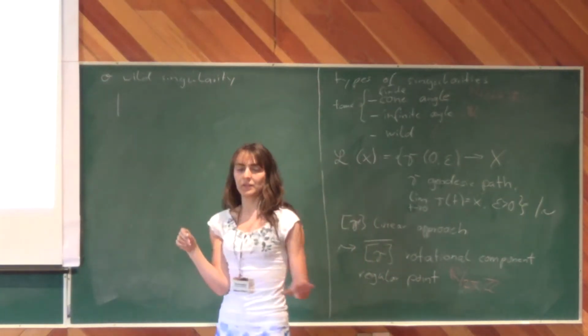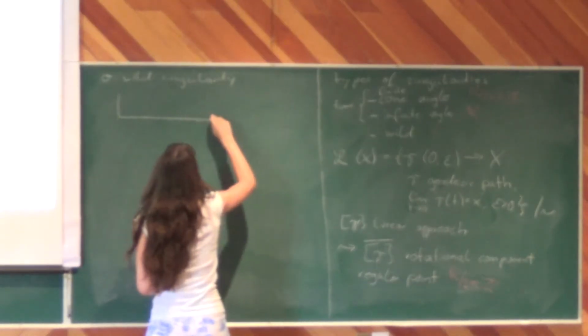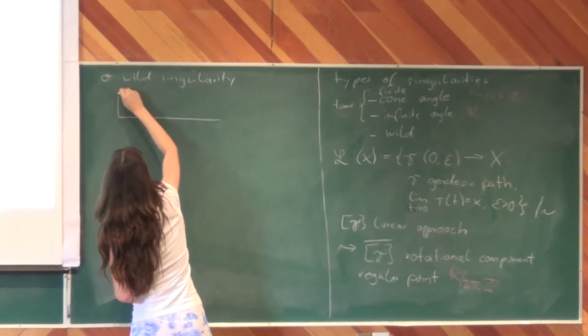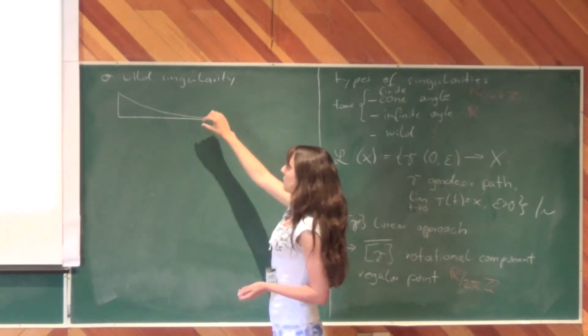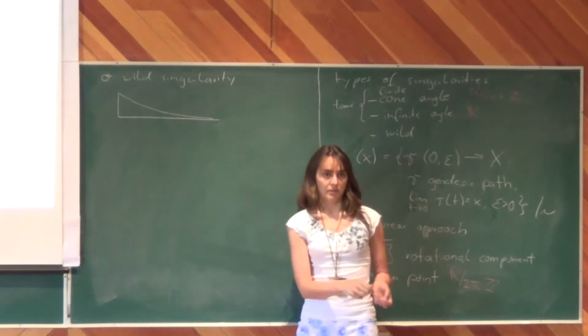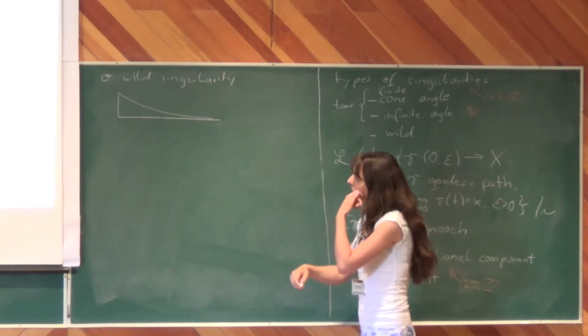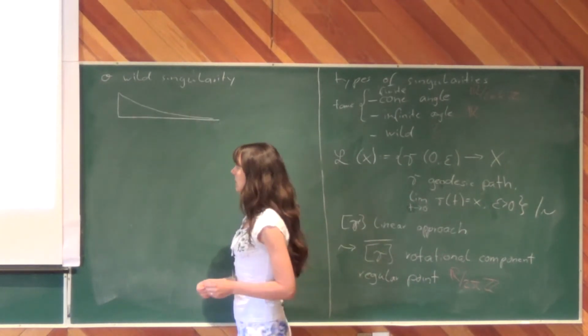Just forget that we have a translation surface. Here's the singularity every time. Here are the linear approaches, and they should be bounded and should become smaller and smaller because it's a wild singularity. Okay, so these are the linear approaches.